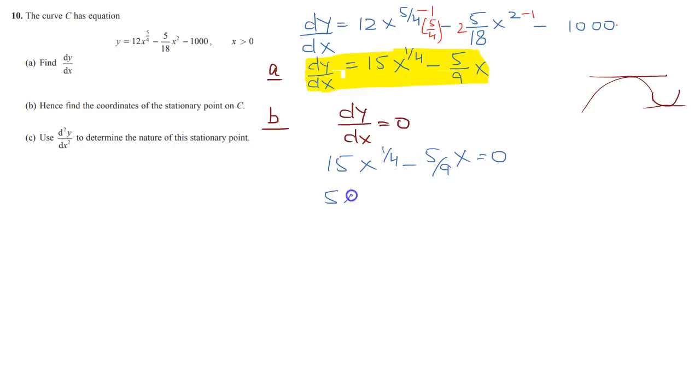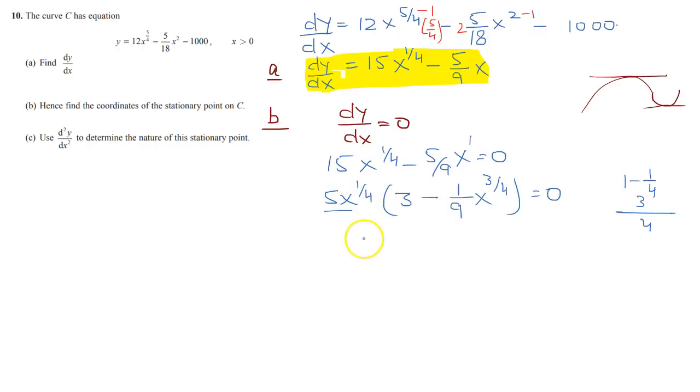I can take 5x to the power 1 over 4 common. So this is 3 minus 1 over 9 x to the power 3 over 4. So either this is 0 or this is 0.